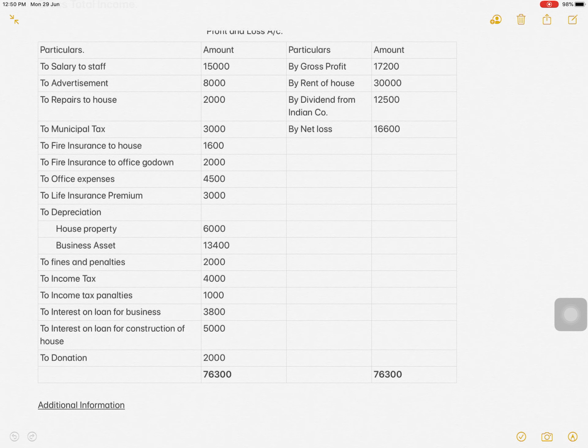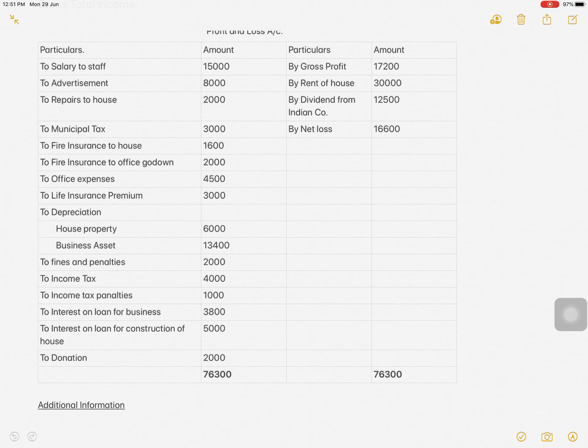So now whatever you predicted for your expenses, it all changes, because he is having only one house. For example, repairs to house means it is for the full house. 50% is let out, 25% is for business purpose.